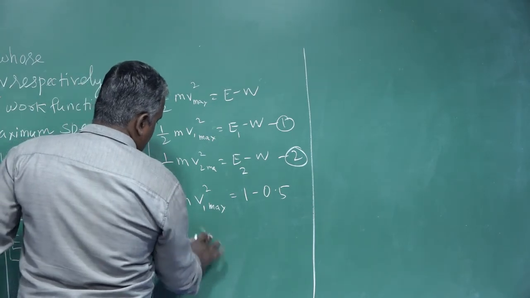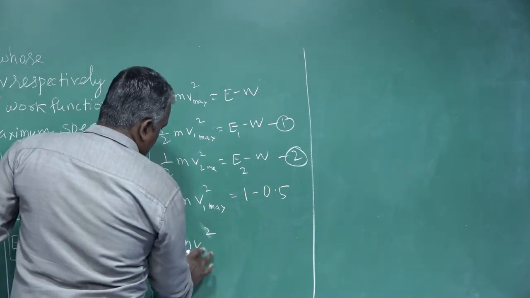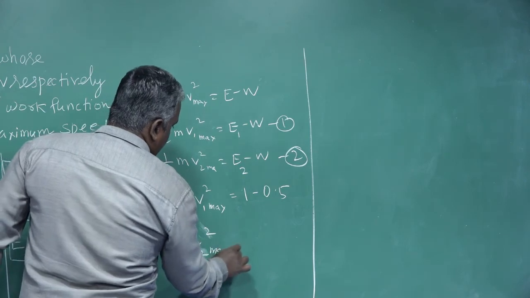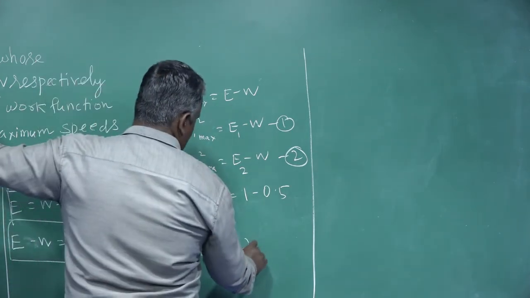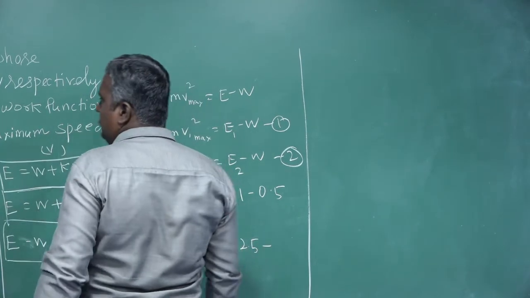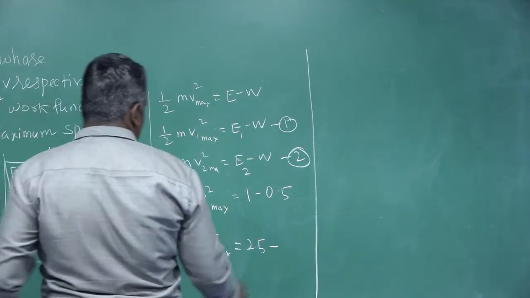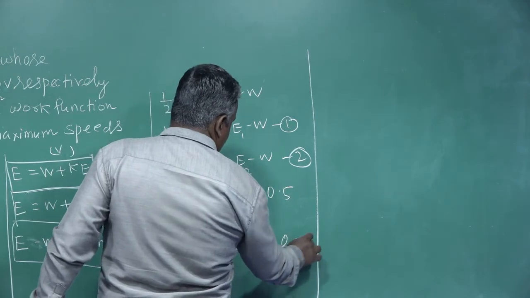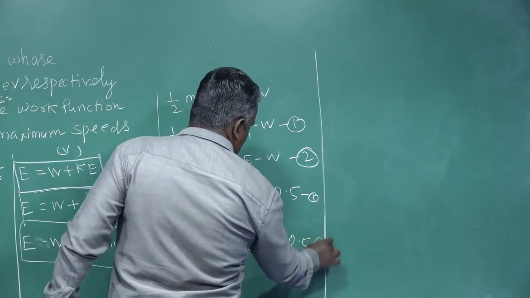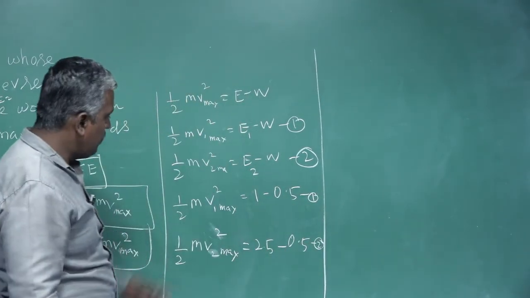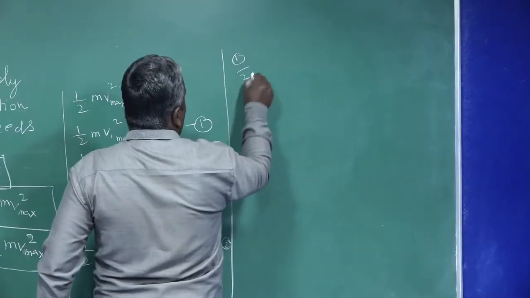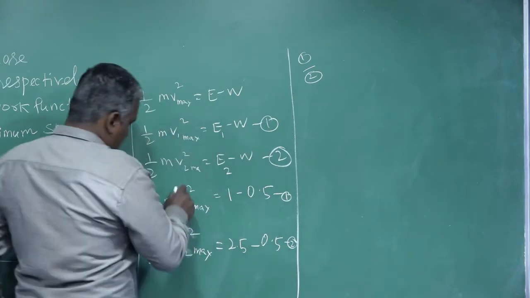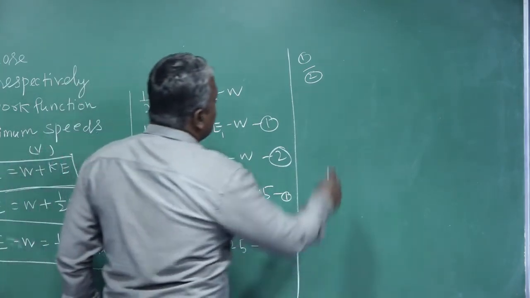Half m V2 square maximum is equal to E2, very good, 2.5. The work function is the same, 0.5. This is 1, this is 2. Clear? What to do now? Divide 1 by 2, so half m cancels, and that's the remaining.